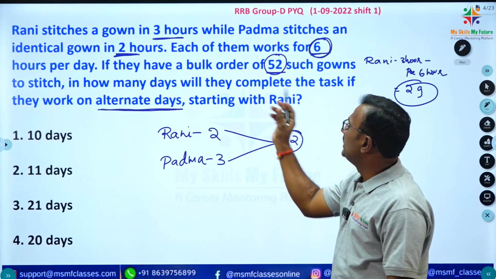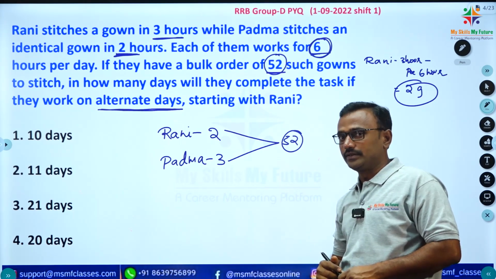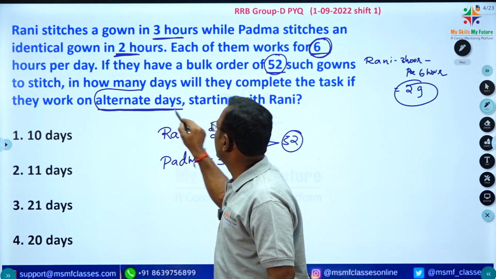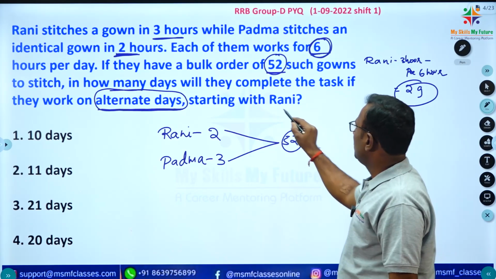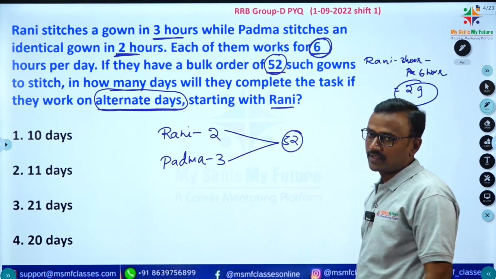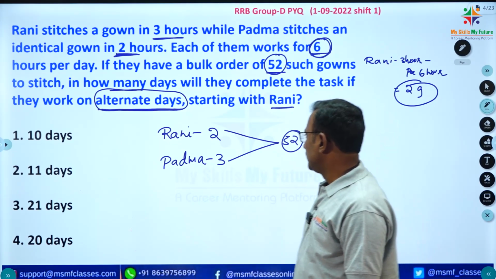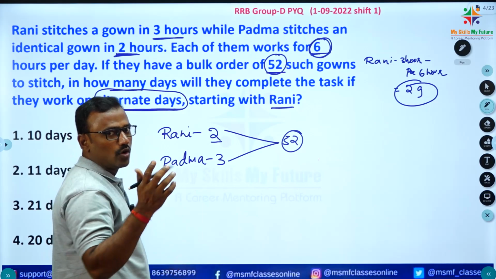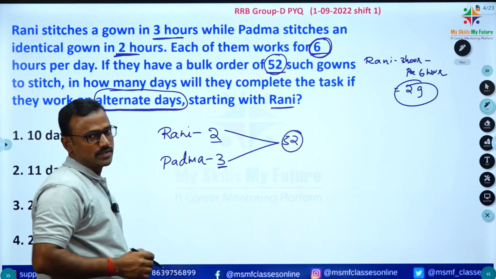In how many days will they complete the task if they work on alternate days, starting with Rani? See, on the first day Rani will complete 2 gowns and the next day Padma will complete 3 gowns.